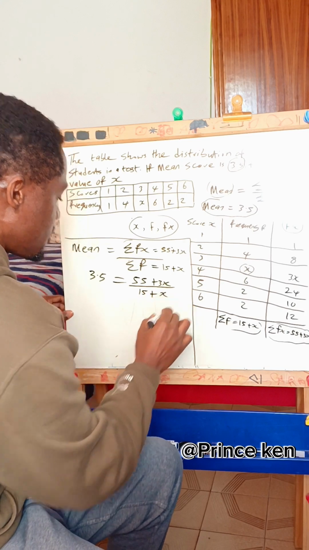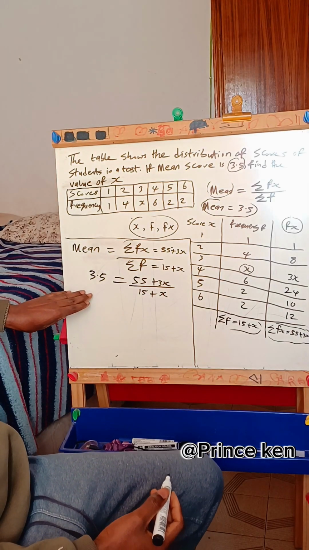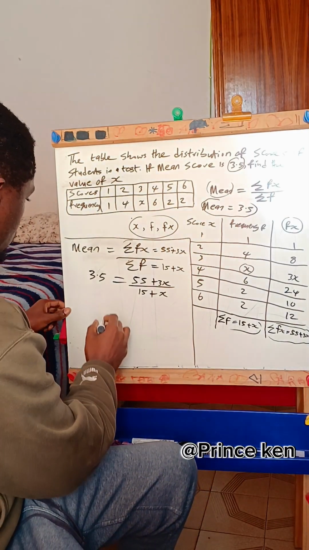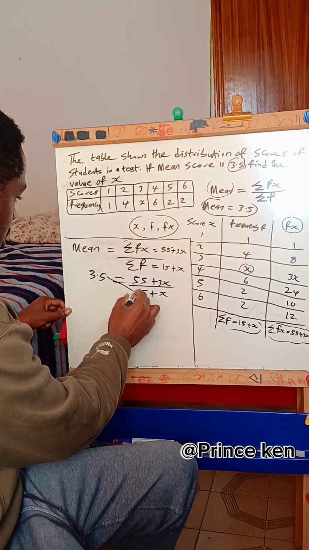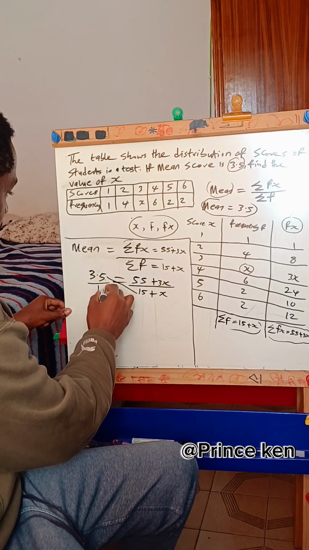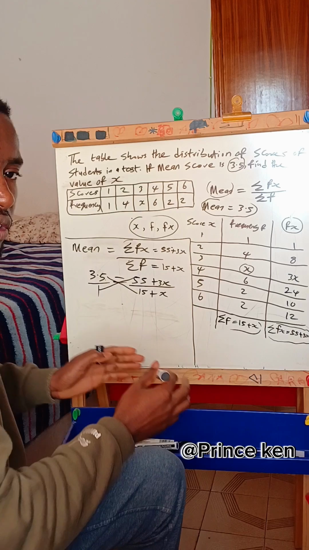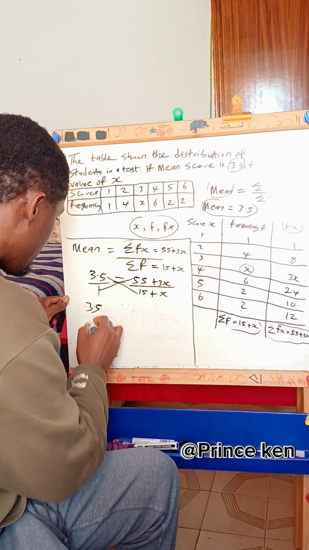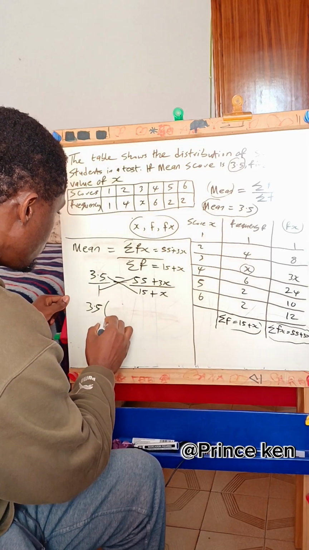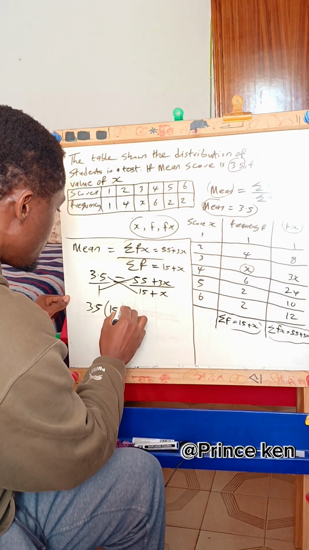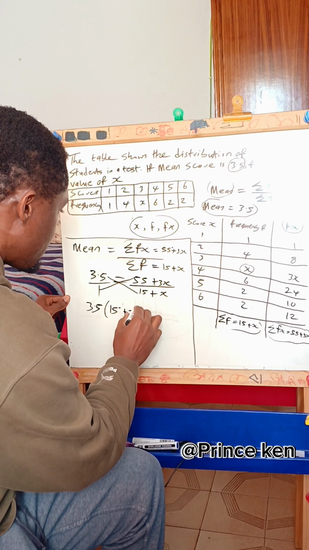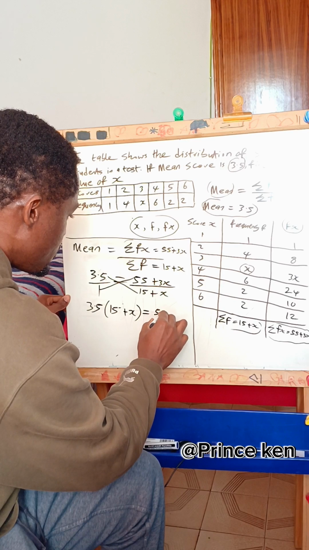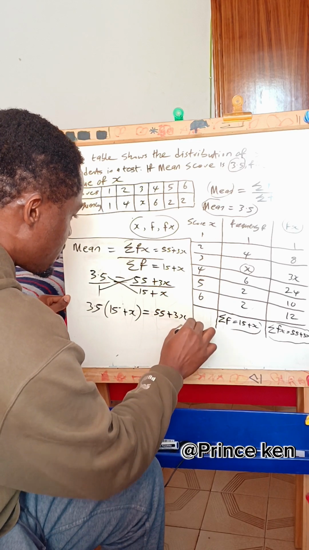Now you have to do what we call cross and multiply. Cross and multiply, which is equal to this will come here, and this is equal to 1, and this will go here, which will be equal to 3.5 bracket open 15 plus x bracket close equals 55 plus 3x.